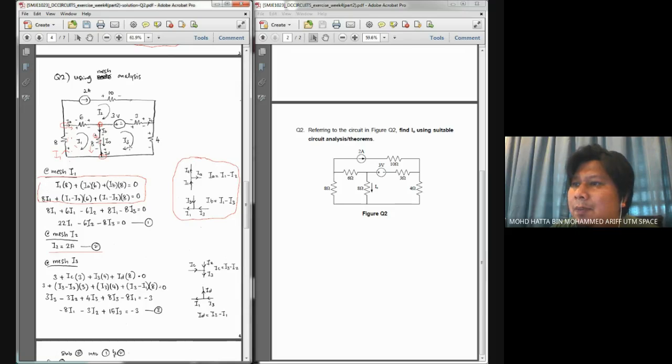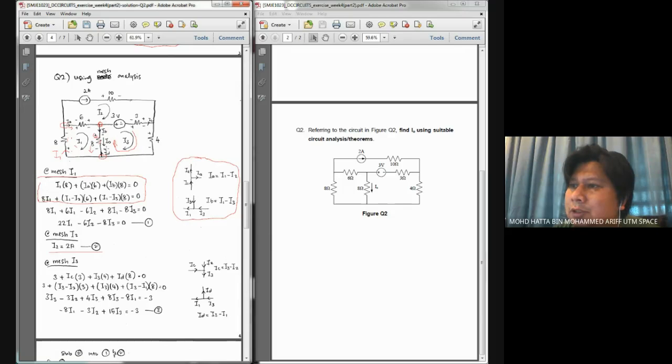And we apply the same method. First, the direction, and from the direction we try to identify the polarity of the voltage drop. For example, if the loop is considered flowing in that direction, the voltage drop here should be positive at the top, negative at the bottom, and go around the loop.